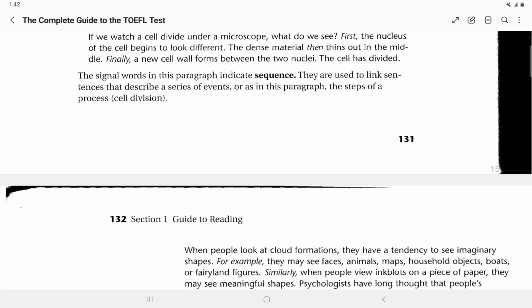Okay, the signal words in this paragraph indicate sequence, because of first, then, finally. They are used to link sentences that describe a series of events or, as in this paragraph, the steps of a process.